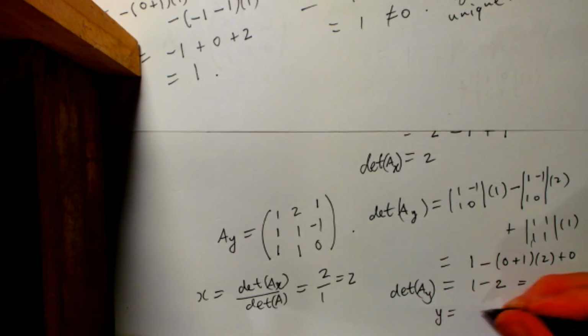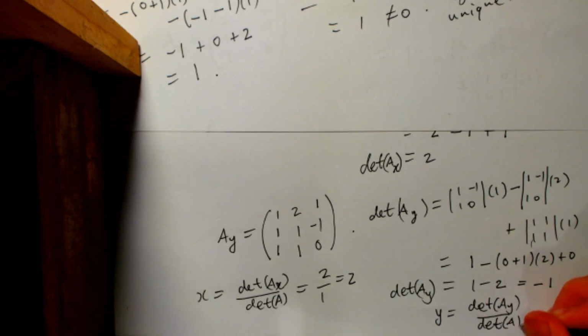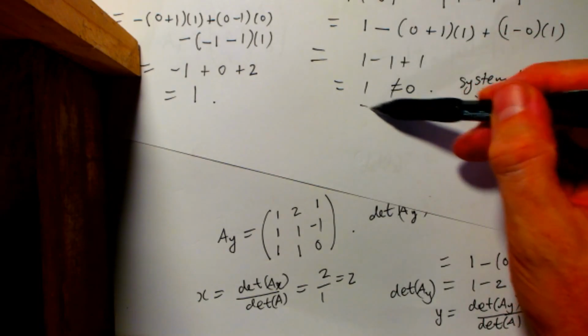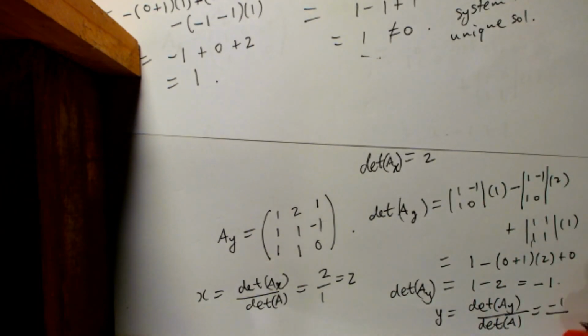Similarly, y is equal to the det of AY over det of A. So we've got minus 1 over the determinant of A. Remember, this was the determinant of A right here. So over 1, and we get minus 1.